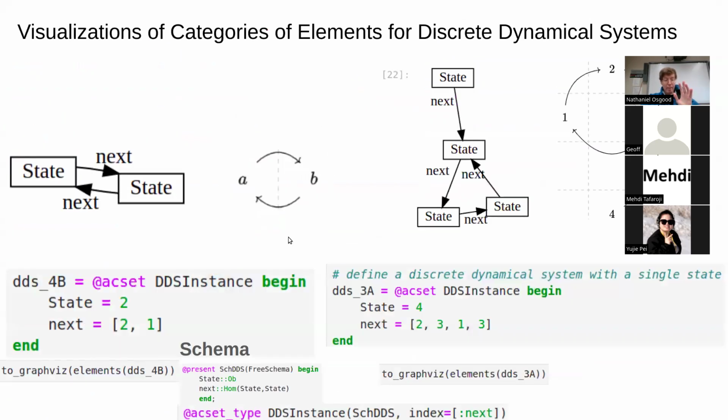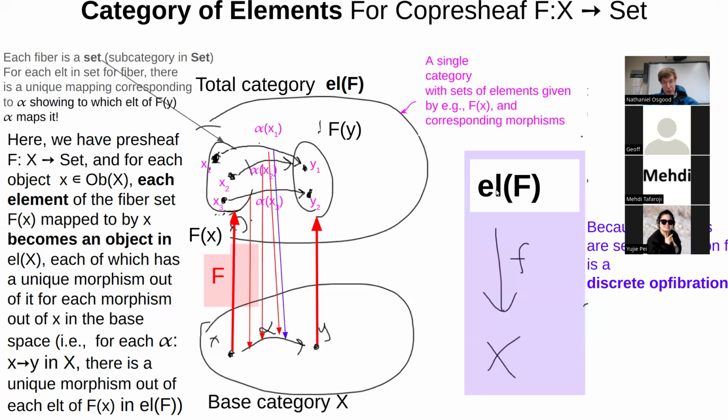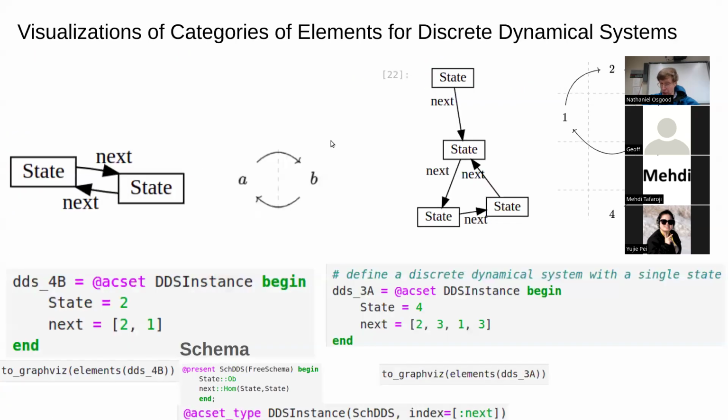So you may remember that we took a look at the category of elements for a set of particular presheaves. If we had a presheaf associated with a schema category for discrete dynamical systems, where we had a state and a next map for that state, then we could have a particular functor F, a specific presheaf, mapping from the schema category into set.